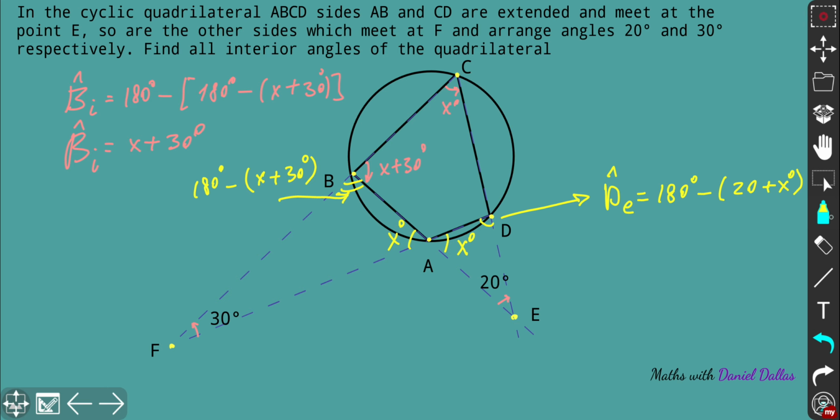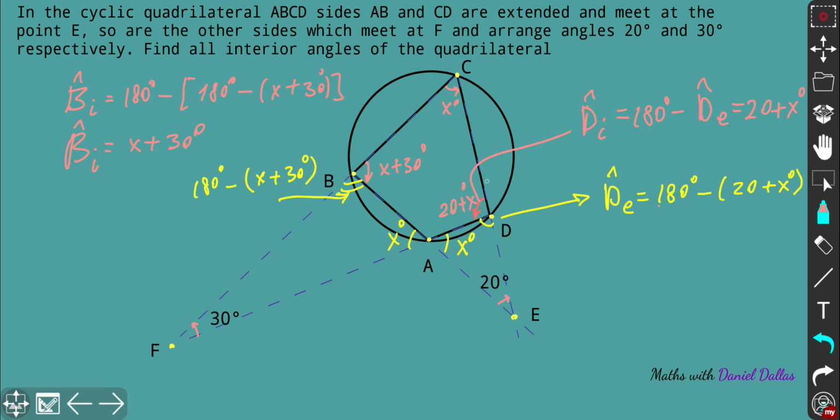And that's why the interior angle D, which is here, we can rewrite: this is D interior, simply 180 minus exterior angle D. So if we simplify that, 180 and that 180 will cancel, and we'll be left with 20 plus X. So we can mark it as 20 plus X.